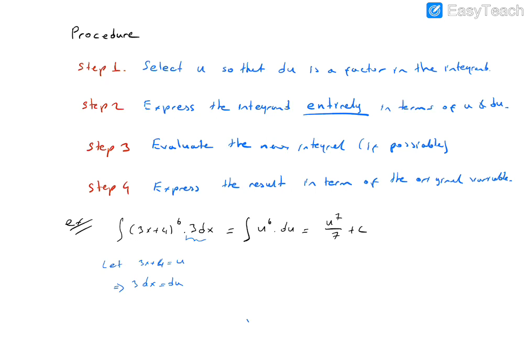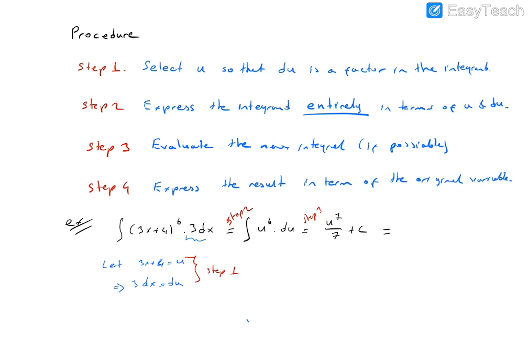Okay, let's explain these steps. This is step 1. Express the integral entirely in terms of u and du. This is step 2. And evaluate the new integral if possible. Here it is possible, so this is step 3. And last step, turn back to the original variable.